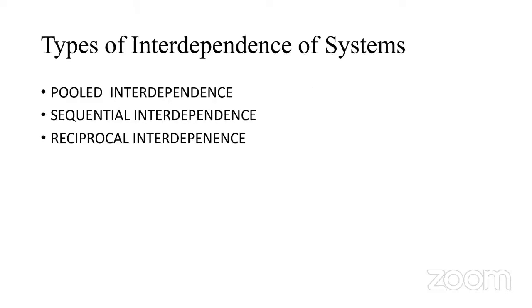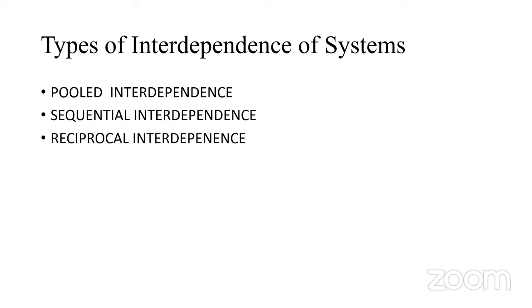Okay. Next, what we are doing is we are trying to look at what are the different types of interdependencies that you find in any types of systems. Now, if you understand these different types of interdependencies that systems have, you can better understand how the different departments and how different members of a team depend on the performance of one another.